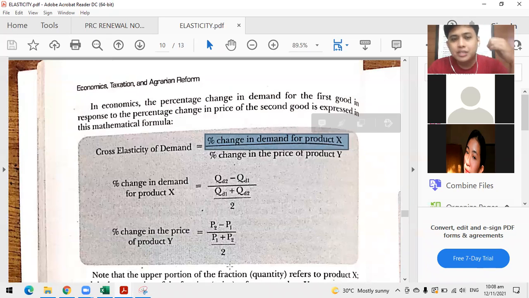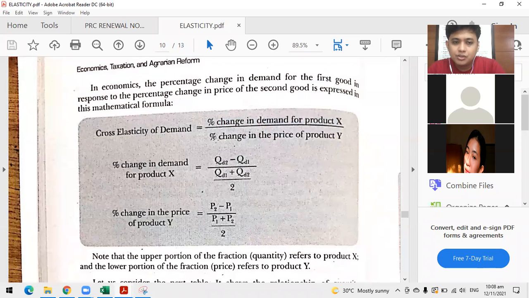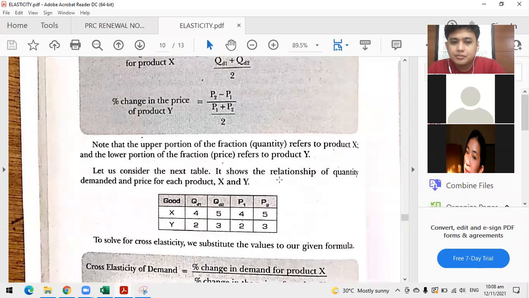For example, gusto nating malaman kung yung X ba, yung relationship ng X sa product natin na Y. Diba? And vice versa. So, kung sino yung kino-compare natin, siya yung nasa denominator. Okay. So, the same pa rin yung formula. No? We have the average, and sa denominator we have the price. So ito yung cross elasticity of demand. So check natin to compute for cross elasticity.